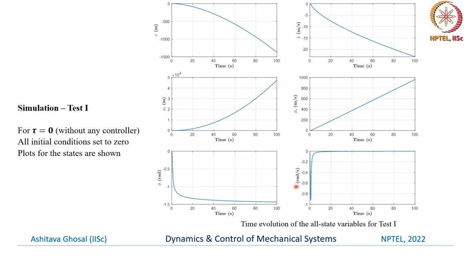The rate of change, phi dot, will start from some value and maybe go to 0 because it settles down at the end. But this is not what we want. We want to maintain phi as 0. We want the platform to be always horizontal. Hence we need to use some controller.